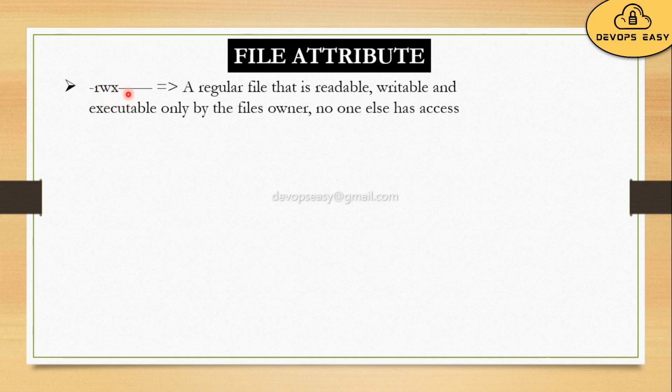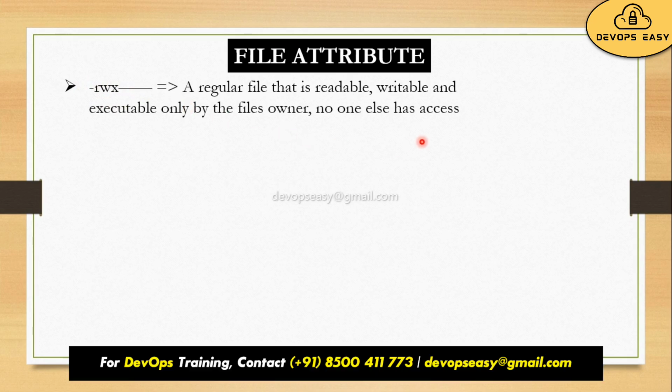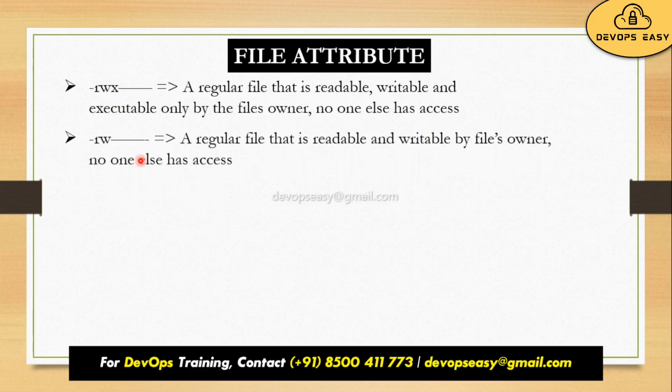For group and others, no permissions. If it is read, write only, then only the user will have read, write. If it starts with a dash, it's a regular file that is readable and writable by the file's owner, and no one else has access.